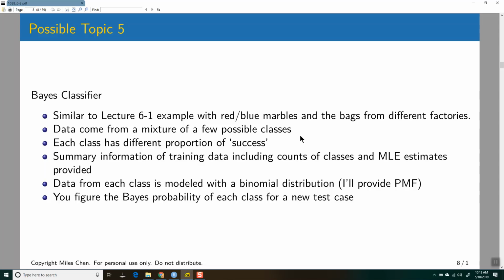And I'll provide basically the summary of the training data, which includes the counts of the classes and the MLE estimates. And then I'll provide a new test case, and based on that new test case, you'll figure out the Bayes probability of each class. Okay, so using a Bayes classifier there.